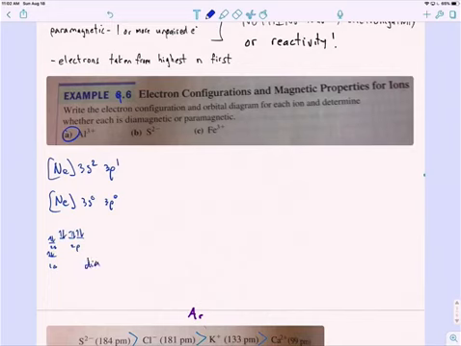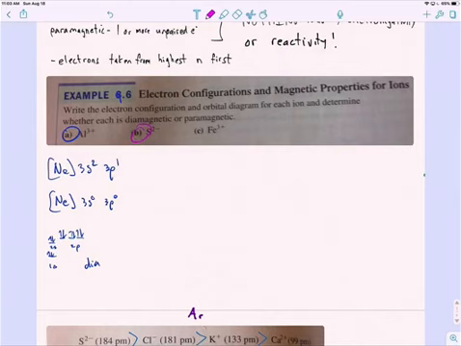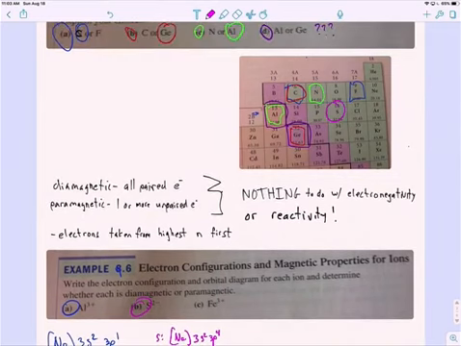Okay? And then let's do sulfur. Sulfur -2. So here is sulfur by itself. It's going to be neon's configuration, 3s2 3p4. Here's sulfur right here, 1, 2, 3, 4.